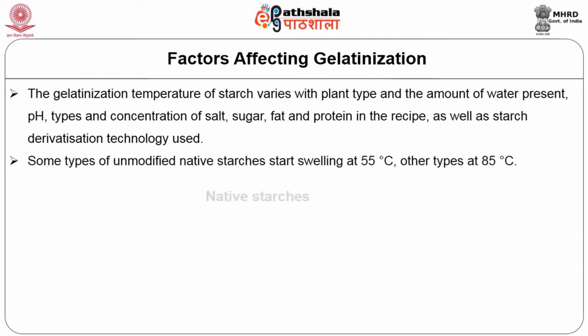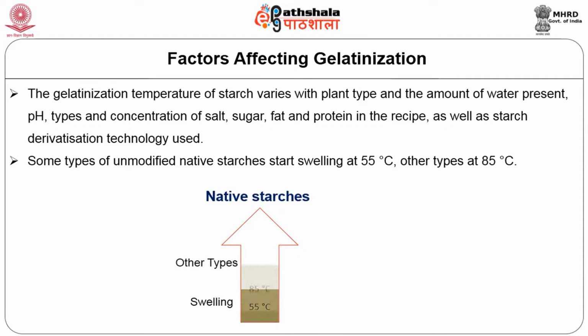Some types of unmodified native starches start swelling at 55 degrees centigrade. Other types swell at a higher temperature, that is 85 degrees centigrade.